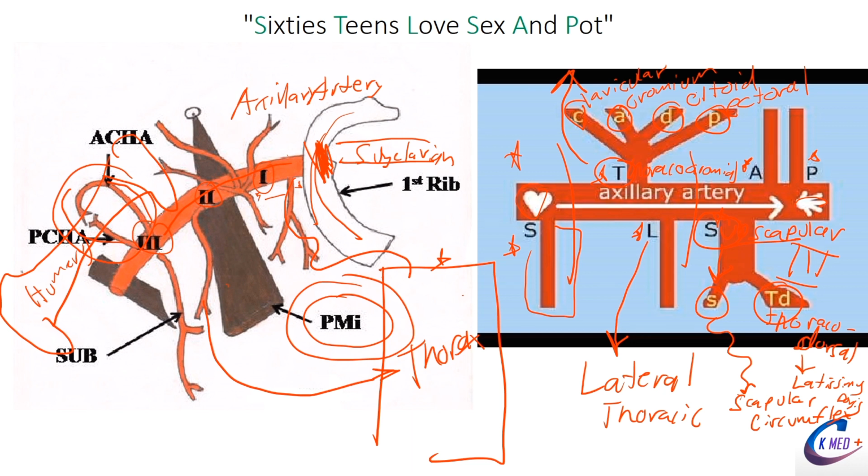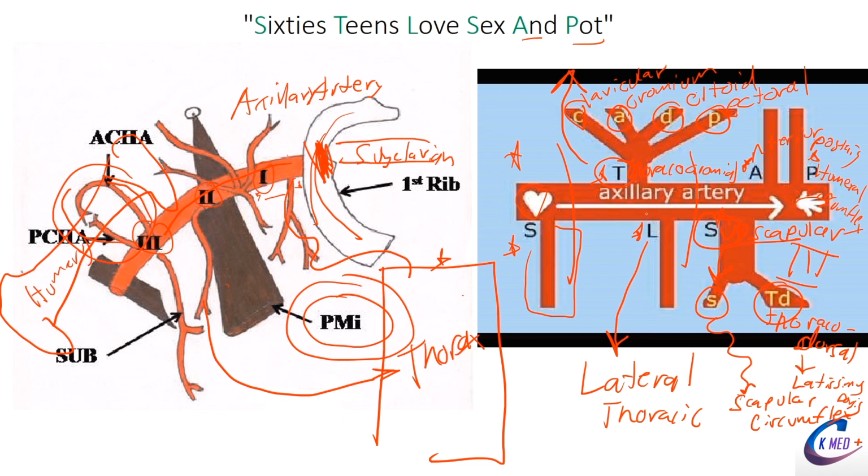So if I have an A and a P artery that circle around the humerus, you can imagine what A and P of pot would actually be describing. And so this is your anterior and posterior humeral, because we're dealing with the humerus, circumflex arteries.